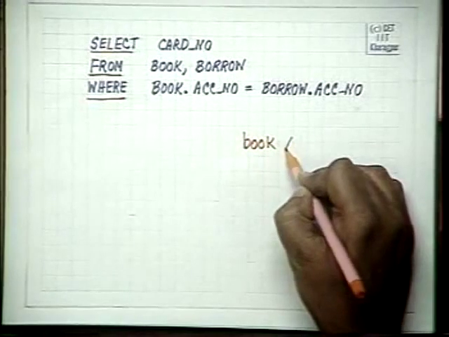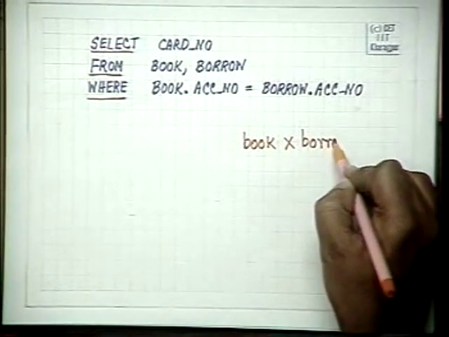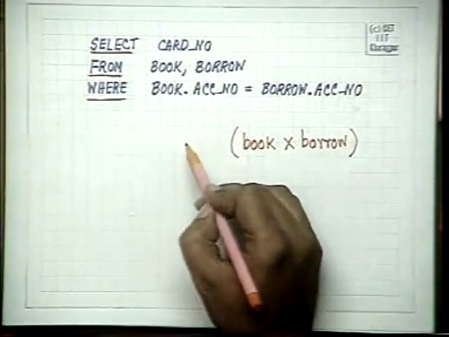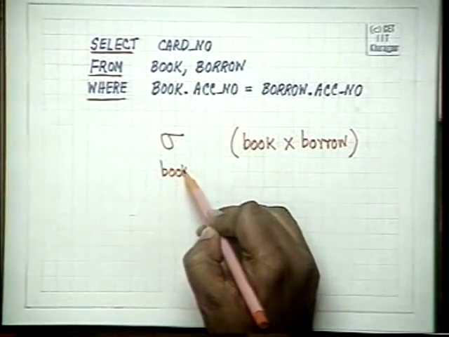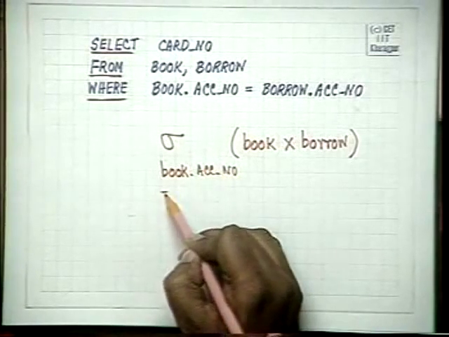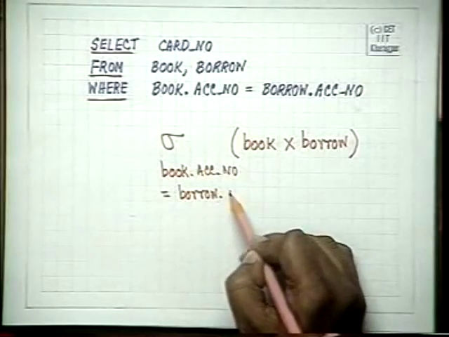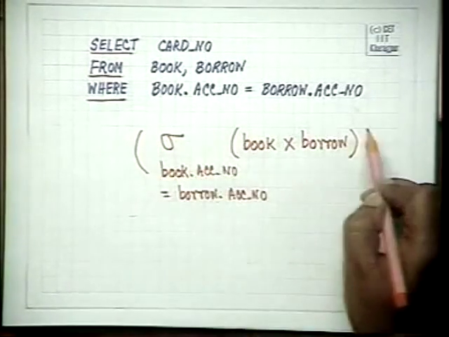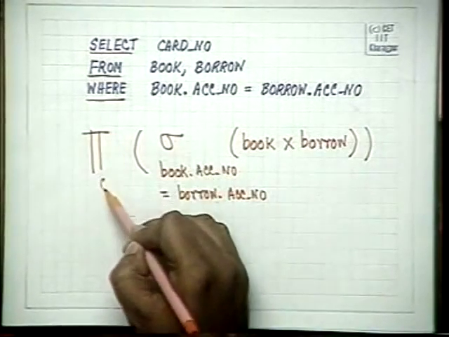book cross borrow, select out book dot accession number is equal to borrow dot accession number, and project out card number.